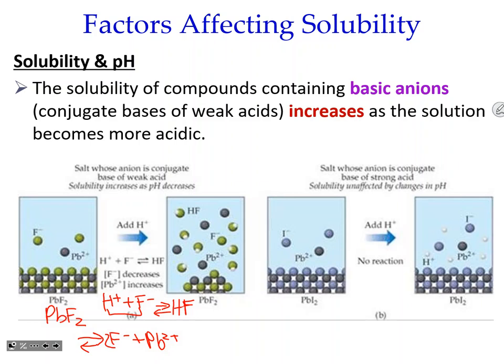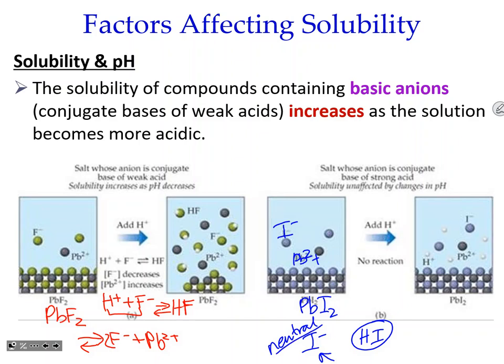This example over here should make a little bit more sense to you now, because this is I- floating around in there with the Pb2+, and this is lead(II) iodide. Now if you remember, that I- anion is actually the conjugate of HI, which is hydroiodic acid. This one happens to be a strong acid, so this one happens to be a neutral anion.